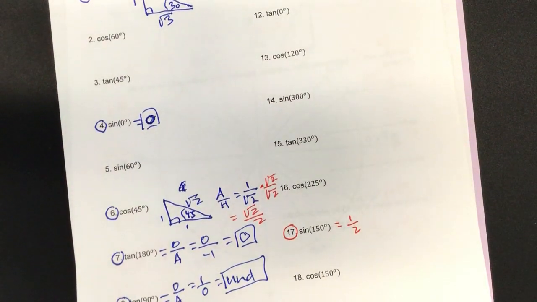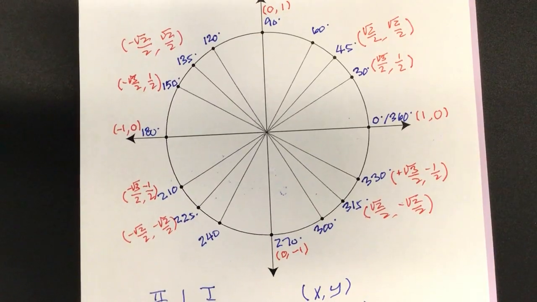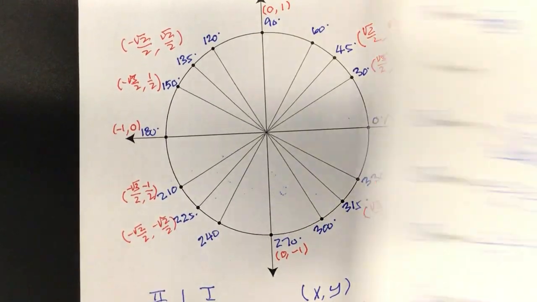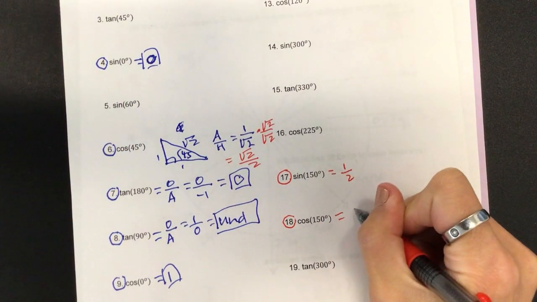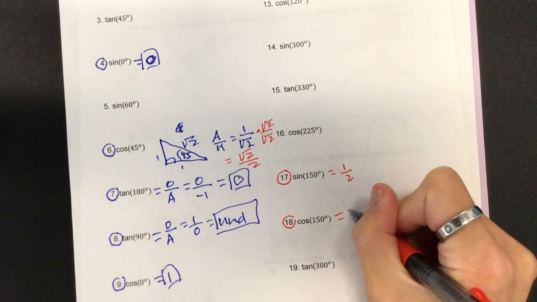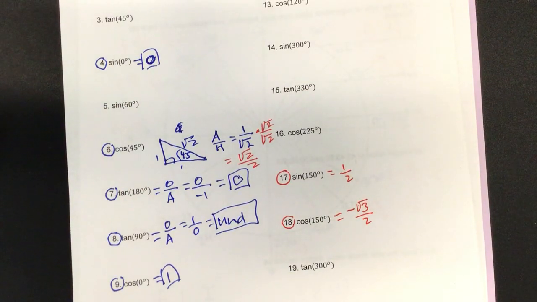Because we did all the work on the unit circle, you don't have to show it on that one. Some you might have to. Okay, what else can we solve at this point? Could we also do cosine of 150, number 18? So if you look at the ordered pair, the cosine is the adjacent movement. What value was that? Negative √3/2. Do you all see how to use this?